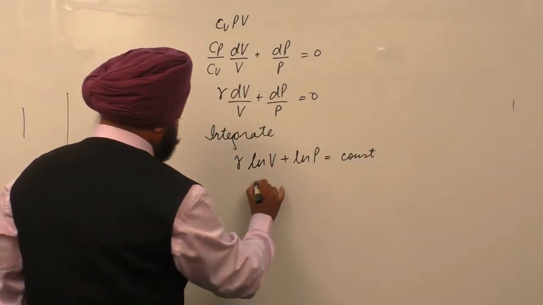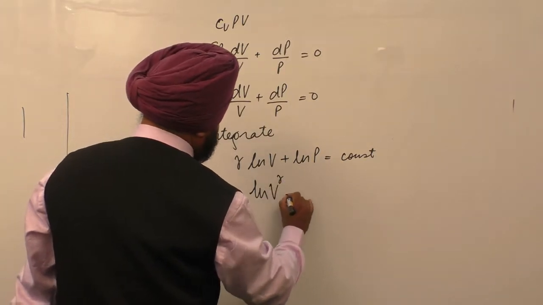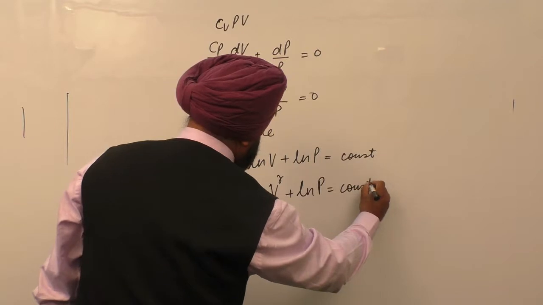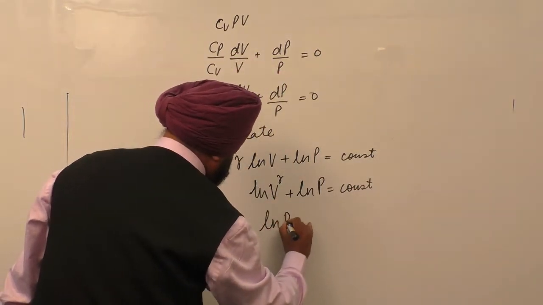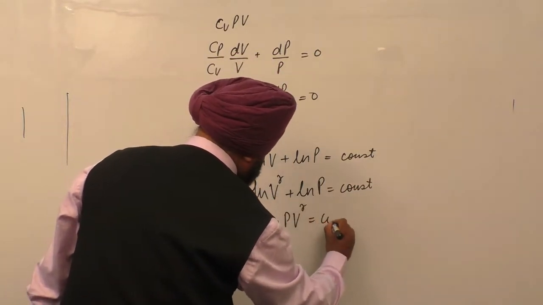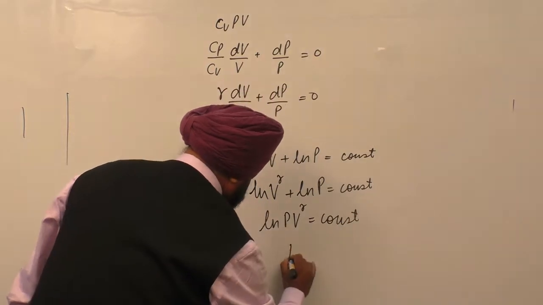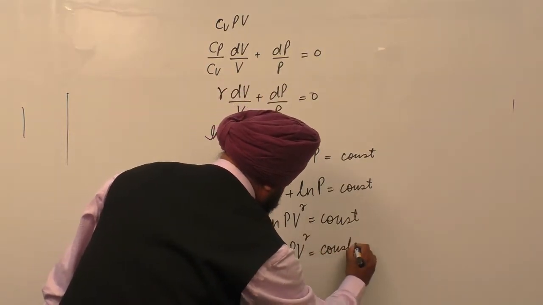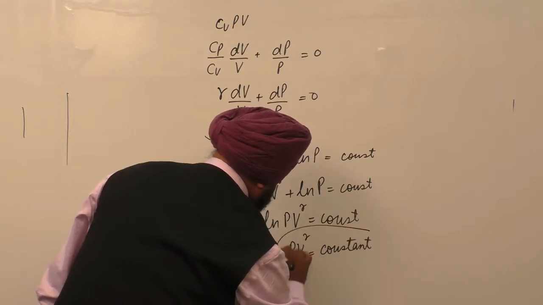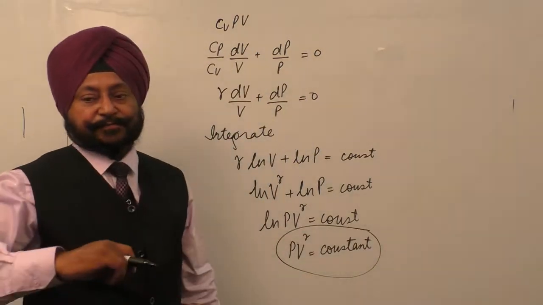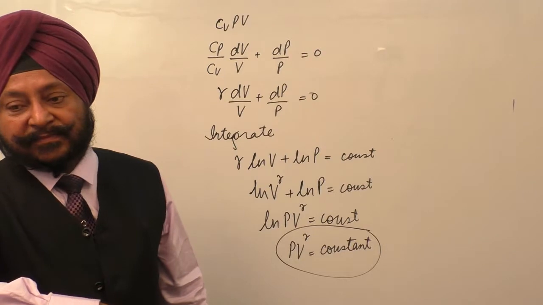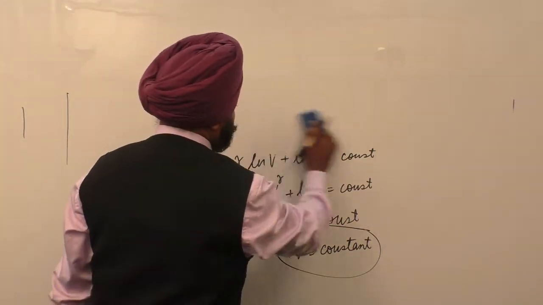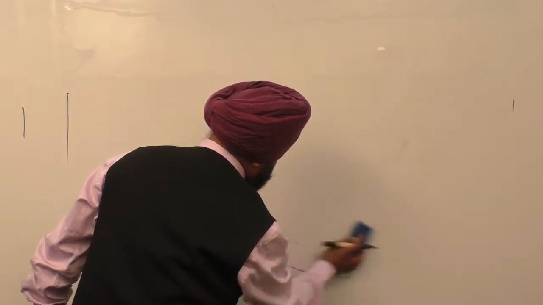Or we can write this as log of V to the power gamma plus log of P is equal to some constant, or we can write log of PV to the power gamma is equal to constant. So when you take anti-log of both sides, this is the final result we will have, and this result is termed as Poisson's equation. And this is the equation of an adiabatic process, where gamma is the ratio of the two specific heats.